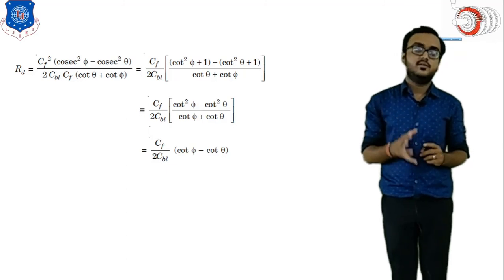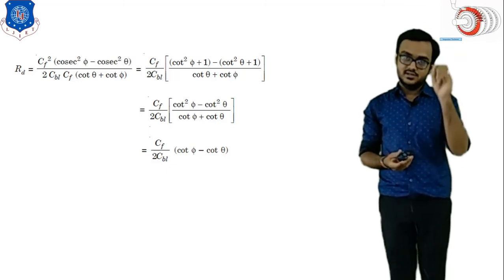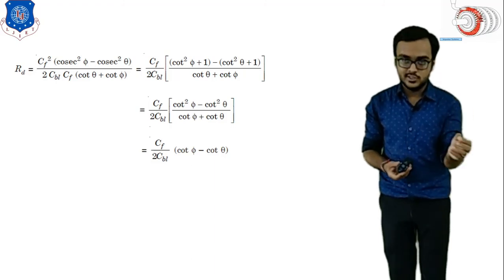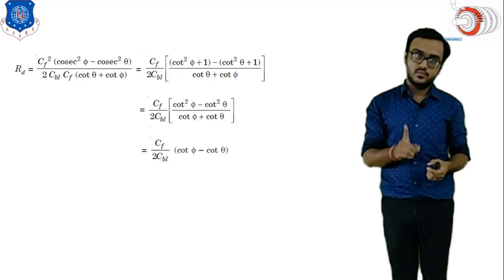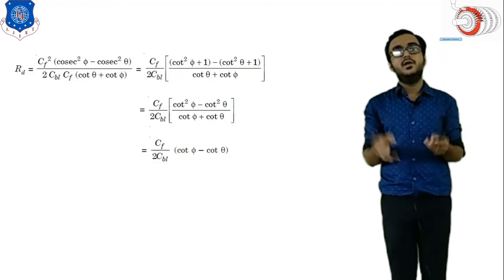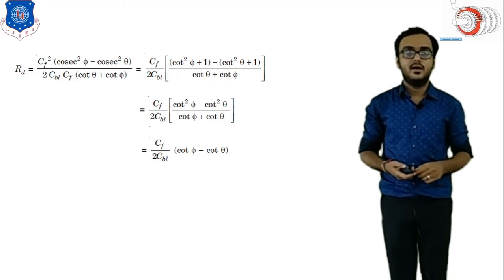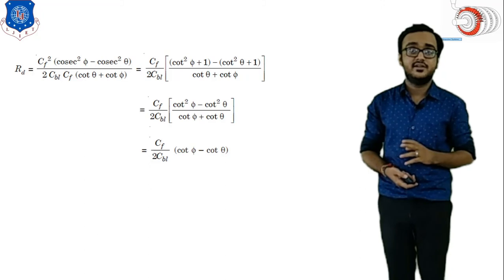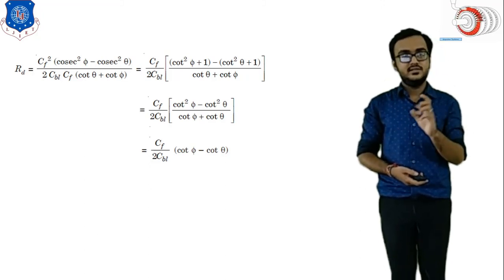For a pure reaction turbine, the degree of reaction is equal to 1. And if the value of Rd is in between 0 and 1, you can say this type of turbine is called an impulse reaction turbine.